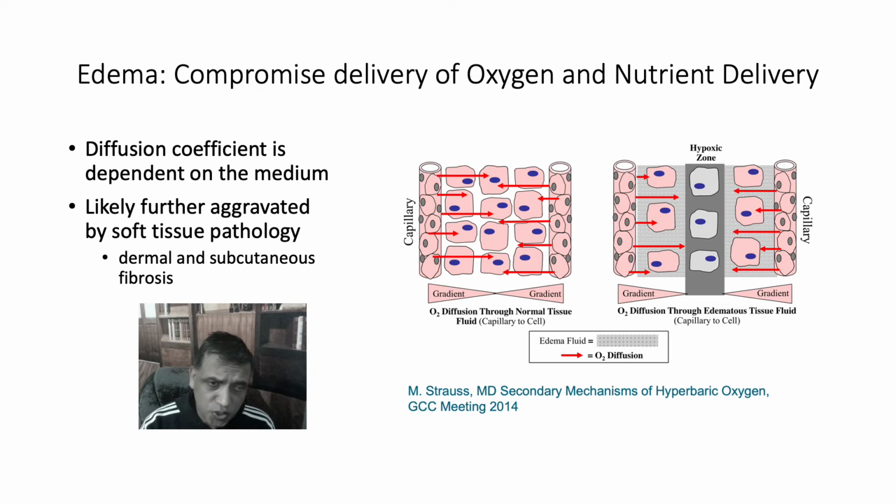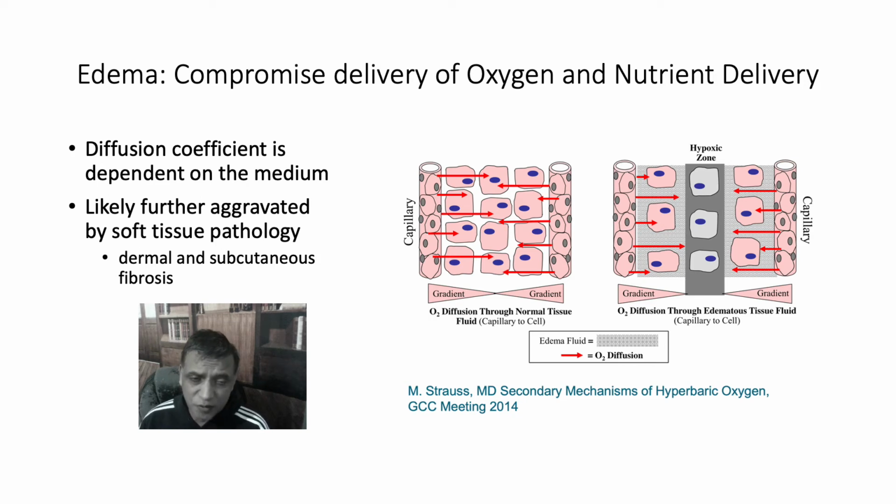The cells closer to the capillaries may be adequately supplied with oxygen and nutrients, but the cells further away are in the hypoxic zone, i.e. reduced delivery of oxygen. So this is how edema detrimentally affects the flow of oxygen to the tissues. And if one understands Fick's law of diffusion, it all makes sense.